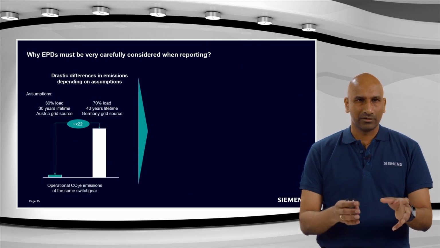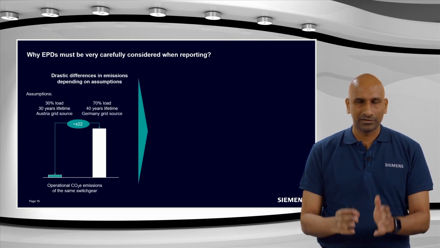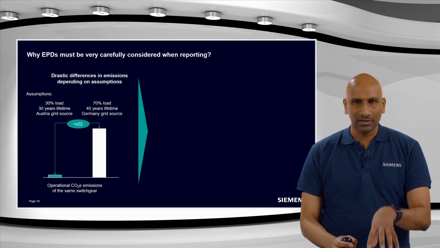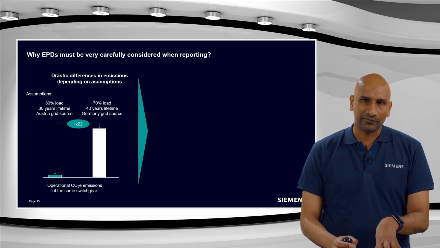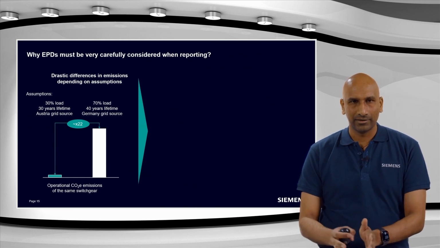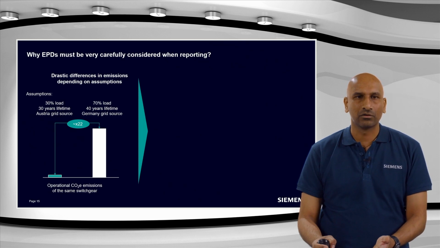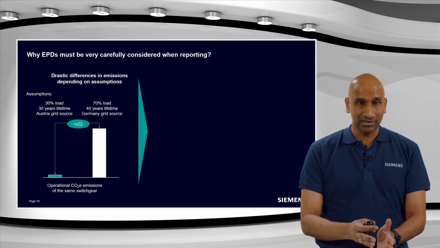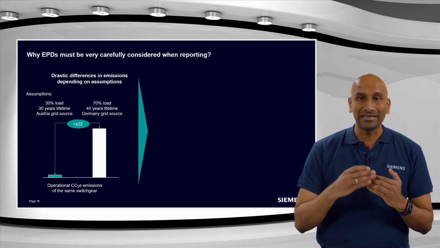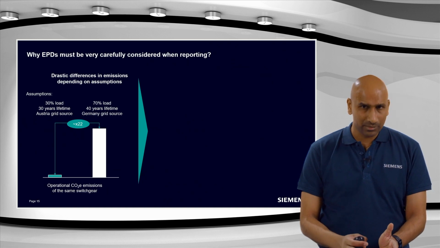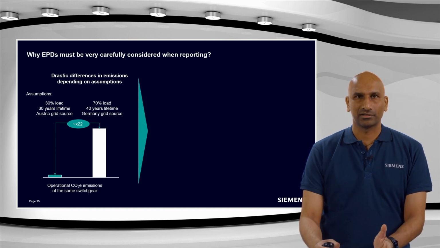For example, if you consider this operational losses scenario at 30% of the load, 30 years of lifetime, and an Austrian grid source, and then compare it to 70% of the load, 40 years of lifetime, and a German grid source, then you see there is a jump of almost 22 times higher CO2 emissions for the exact same switchgear during the operation stage.